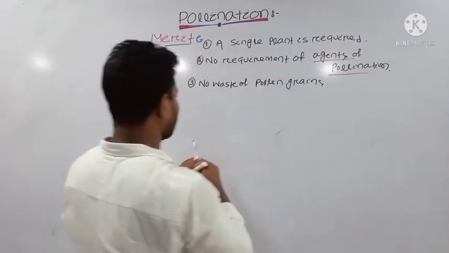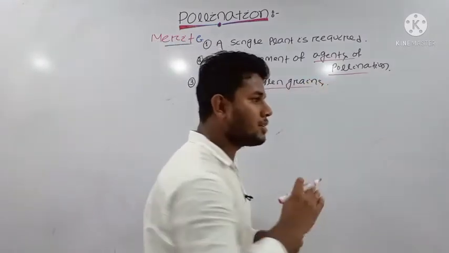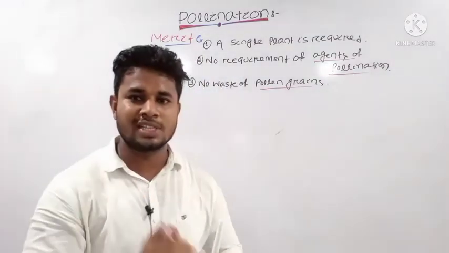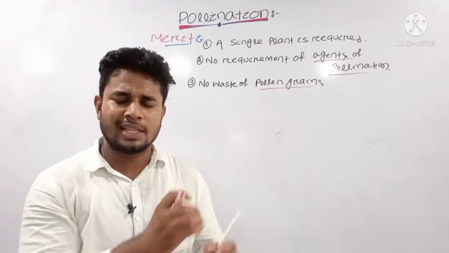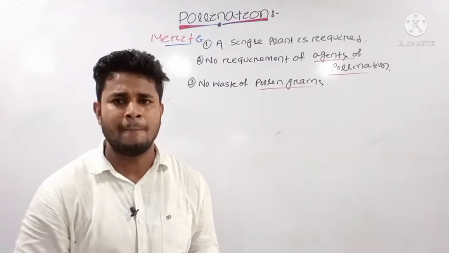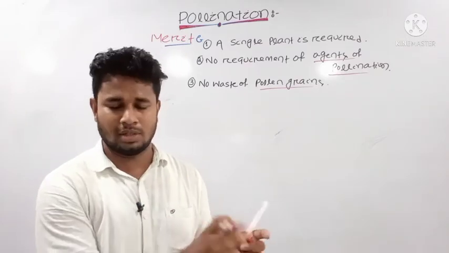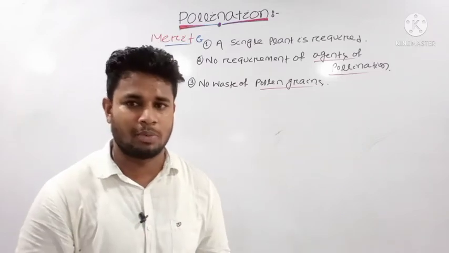As the pollen grains transfer from a single plant to the same stigma surface, there will be no loss of any pollen grain. They can easily fall on the surface of the stigma and initiate the process of double fertilization.